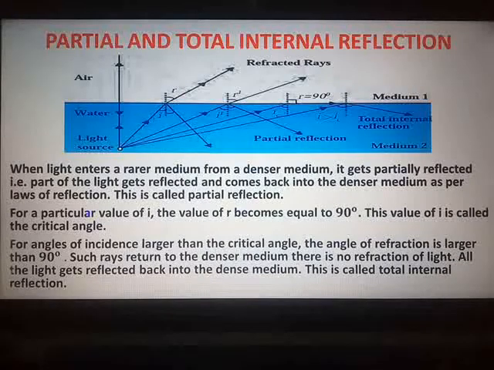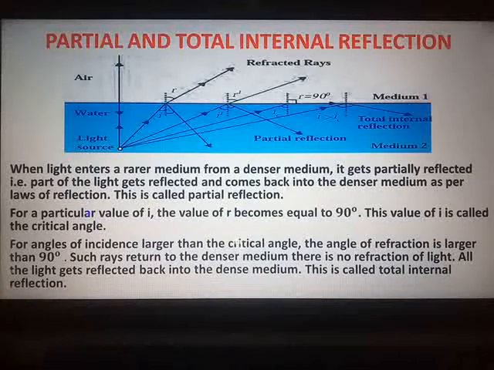The main criterion to be followed here is that light enters a rarer medium from the denser medium. See, water is the denser, air is the rarer medium. From the denser medium into the rarer medium, what will happen? It gets partially reflected, means the part of the light gets reflected.